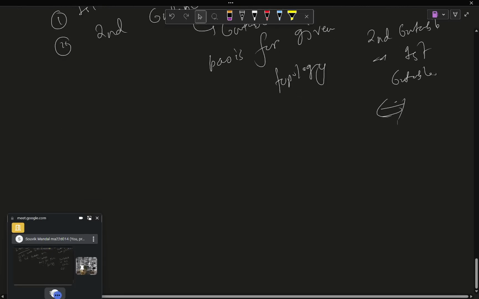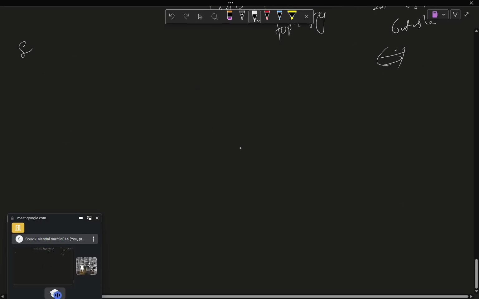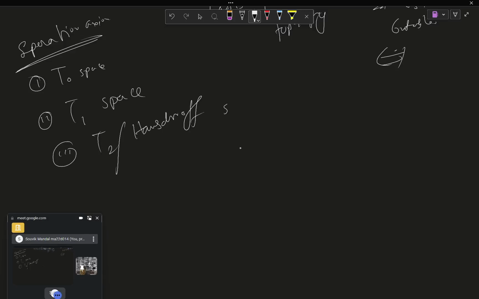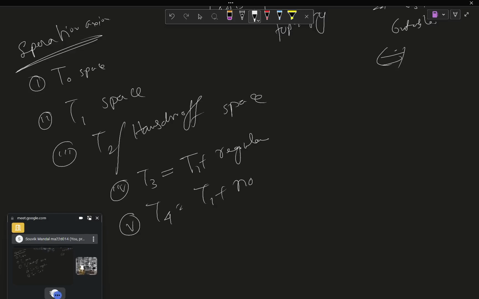This is one thing. And the second thing is separation axioms. In separation axioms, we have many things, namely T0 space, T1 space, T2 or Hausdorff space, T3 space, that is T1 plus regular, and T4 space, T1 plus normal.